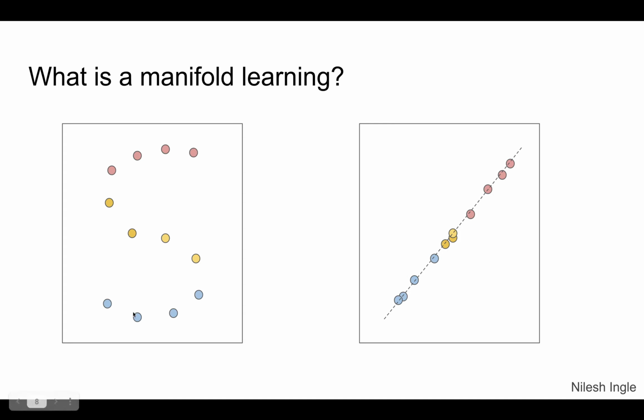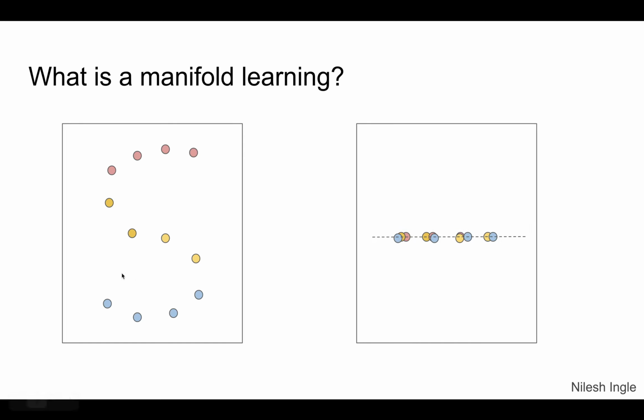So for example, in this case, if we try to project these points along this inclined line, we do get the separation. However, if we have a line that is parallel to x-axis, then we are mixing different clusters. So the red, orange, and blue are getting mixed up. So this is in 2D.